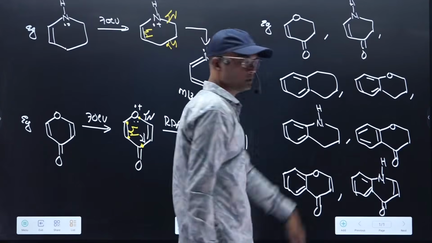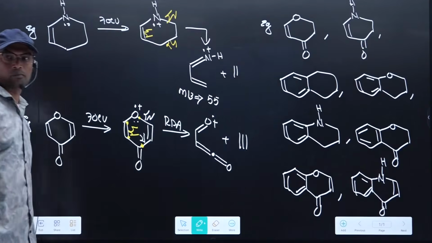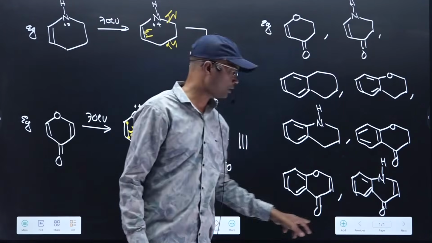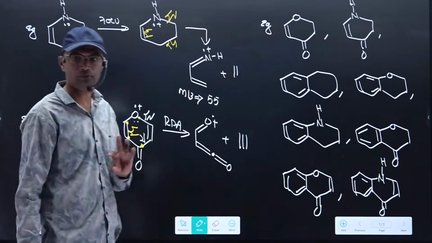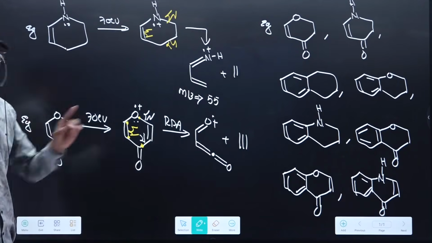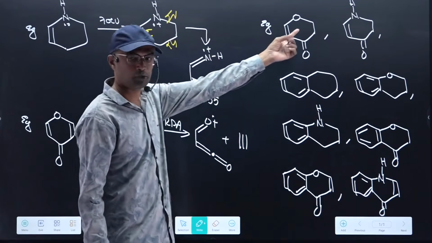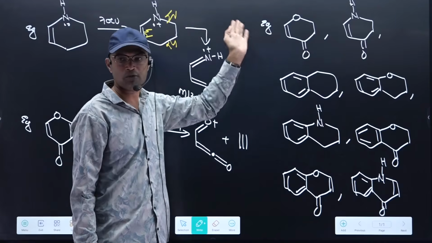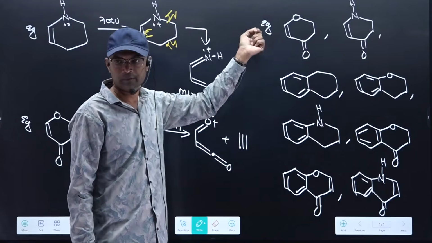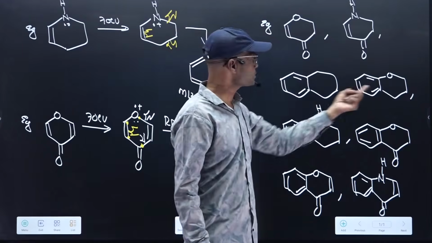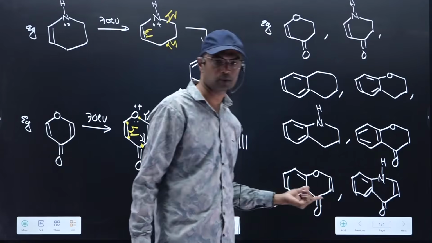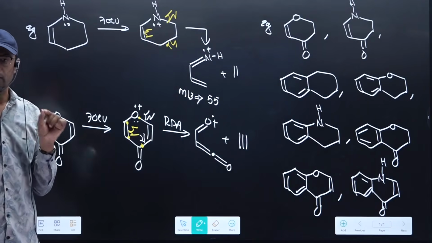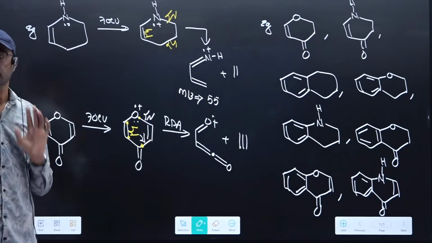So these all are involved in retro-Diels-Alder after generation of the molecular ion. If this molecule appears anywhere in your exam, first write down retro-Diels-Alder only. So what is the common thing you observed in all these examples? A 6-membered ring. Everywhere 6-membered only. That's why I gave that point: cyclohexene is actively involved in retro-Diels-Alder reaction.